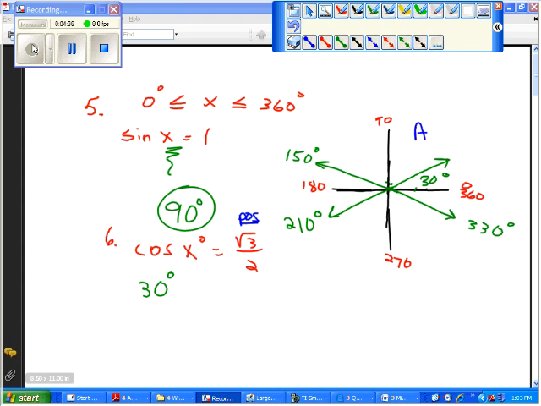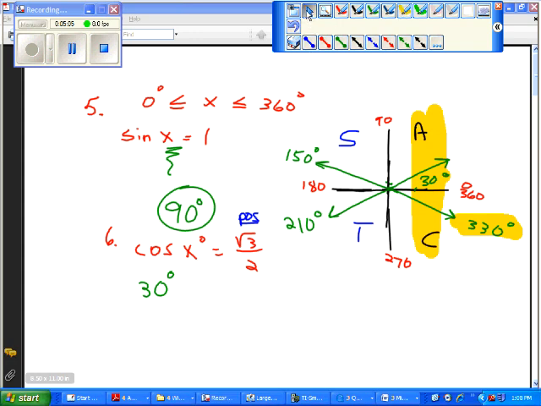Well, they're all positive in quadrant 1, sine in quadrant 2, tangent quadrant 3, cosine in quadrant 4. All right, so we're thinking, okay, now where is cosine positive? And we know that cosine is positive in quadrants 1 and 4. So we take the 30 degrees and the 330 degrees.